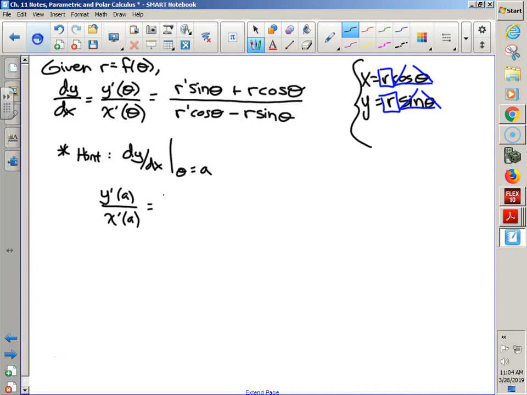Couldn't you just figure out r prime of a, and then sine of a, and then r of a?